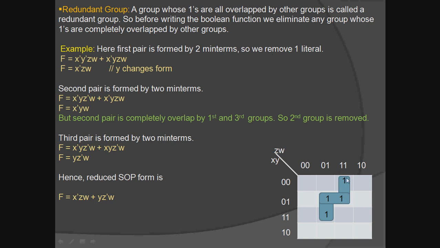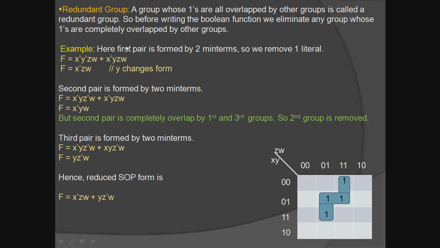You can see here, this is one pair, this is another pair, and this is another pair. This particular pair is being shared by this and this, right? So this pair is completely overlapped by this and this, so we have to eliminate this. This is not necessary, right?